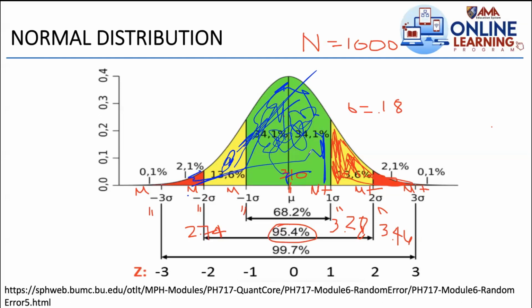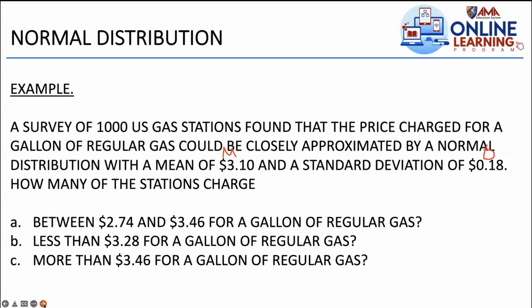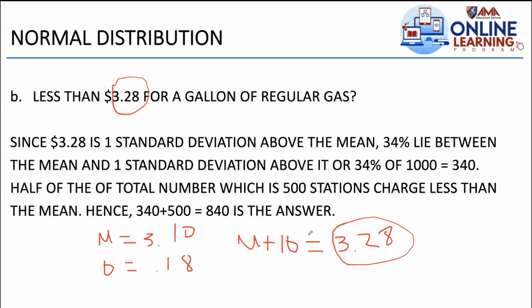And we know this green is 34 without considering the 0.1. So 50 plus 34, 84%. So the answer is 84. So 84% of 1,000 is 840. That's why we got 840 here. Okay, the answer is 840.